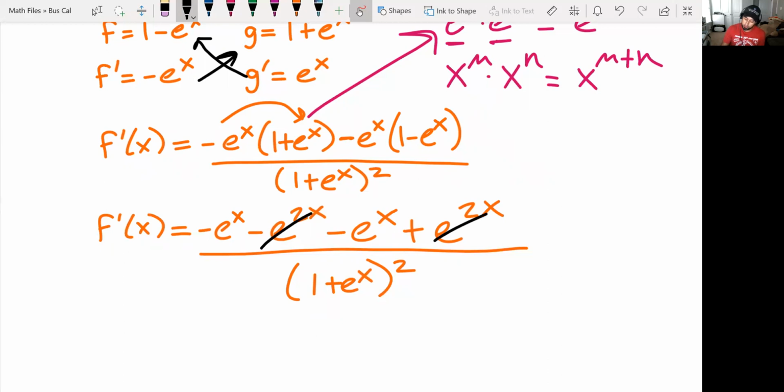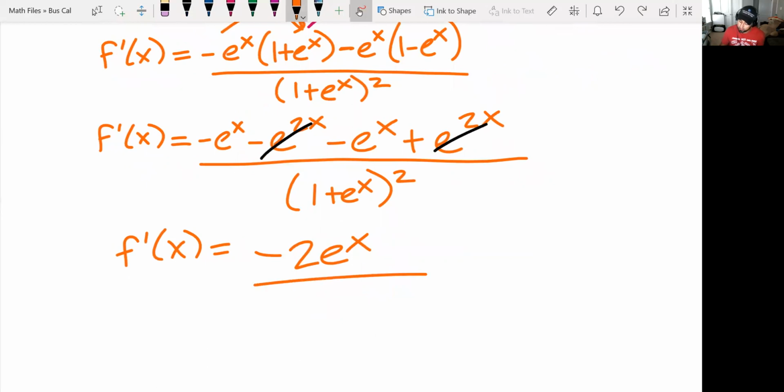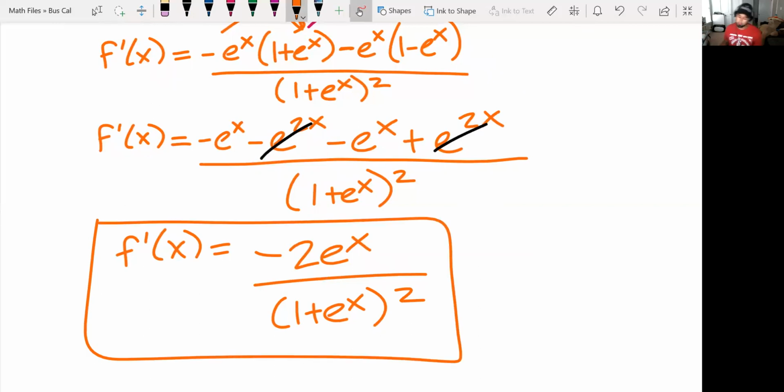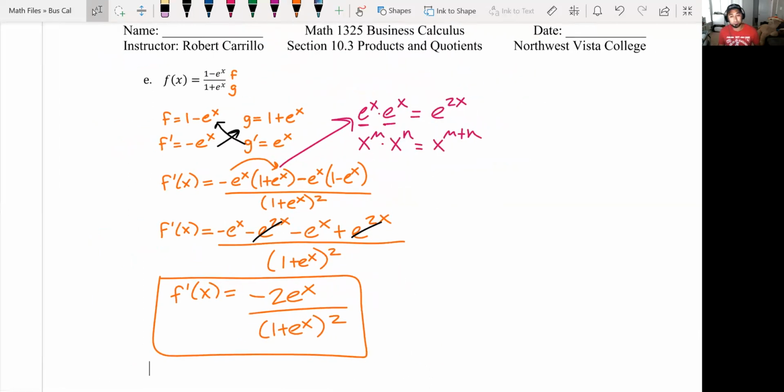And what we are left with is f prime of x is negative 2e to the x. So I added those two. Negative e to the x minus e to the x is negative 2e to the x over the same denominator of 1 plus e to the x squared. Okay. There it is. Not bad.